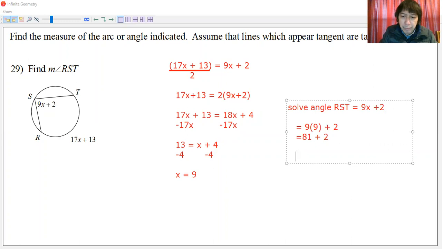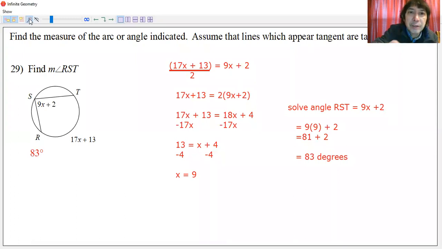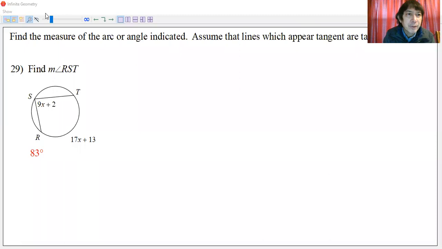This is equal to 83 degrees. This is our answer. Let's check and verify the answer. 83 degrees is the answer there. Let's continue with number 30. Number 30 now.